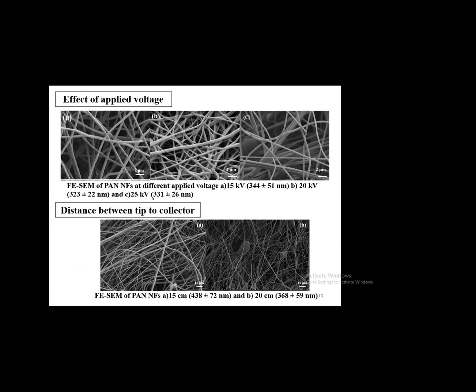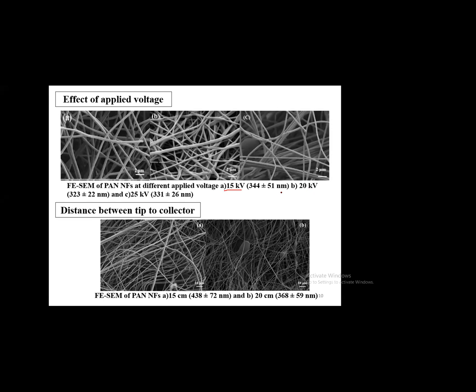When we talk about another parameter, the parameter is the effect of applied voltage. The range of the voltage applied is 10 to 30 kilovolt. But when we look into this, which voltage gives a very fine size? See, 15 kilovolt gives 344 plus or minus 51 nanometer size. If we look into 20 kilovolt, it gives 323, and 25 kilovolt gives 331.